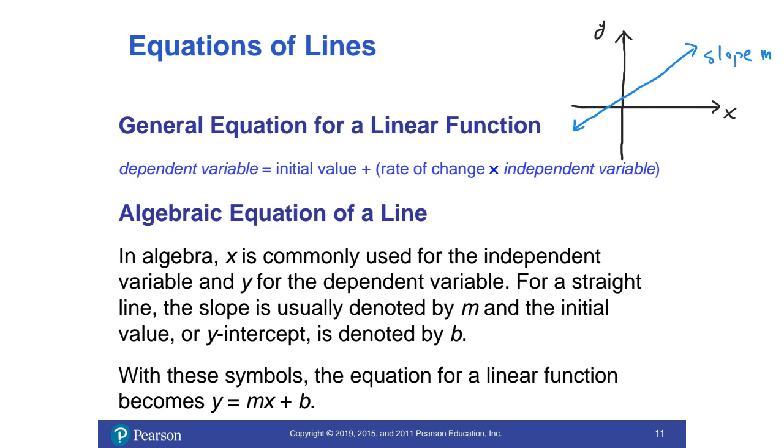So the dependent variable is what we usually call y. I'll come back to initial value. The rate of change is slope, which is m, and the independent variable is x. Now, it's probably already occurred to you that the letter that's left out of this is b.